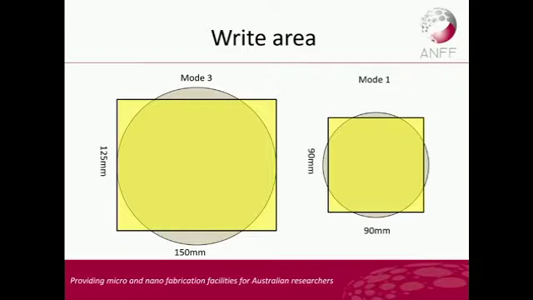If you want your design to encompass the full 6-inch wafer, we can't quite do that. You can see we can do most of it. We can write 150 millimeters in X and 125 millimeters in Y. And then on mode 1, which allows you to get down to 1 micron resolution, we can do 90 by 90 millimeter, whereas a 4-inch wafer is 100 millimeter diameter.